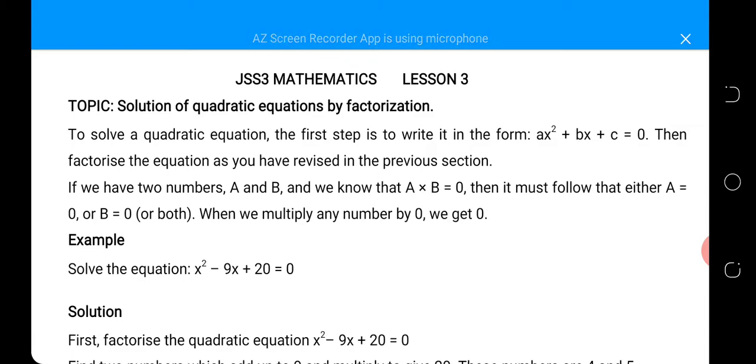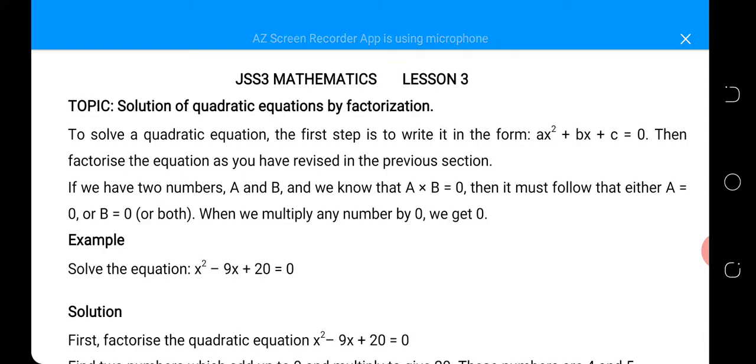Then it must follow that either a is equal to 0 or b is equal to 0, or both are equal to 0. When we multiply any number by 0, we get 0.